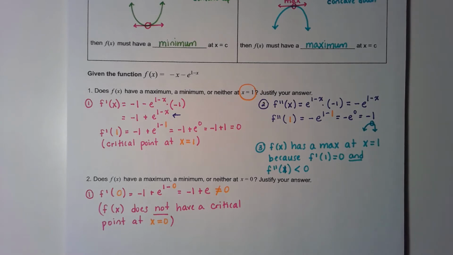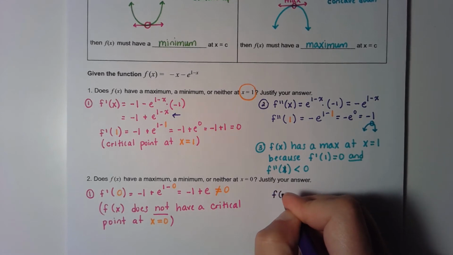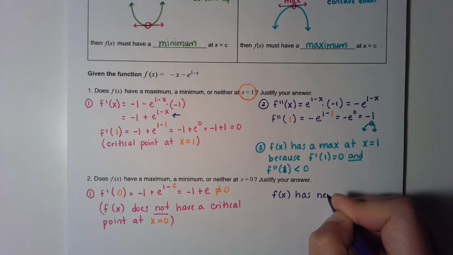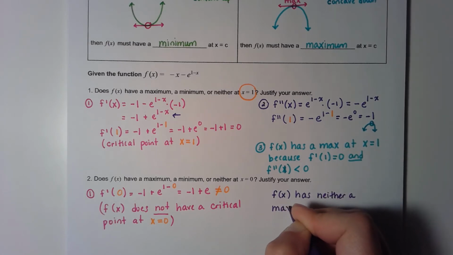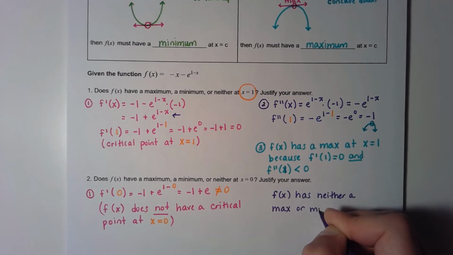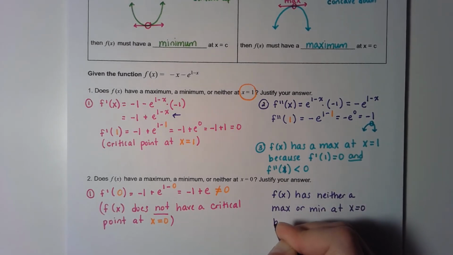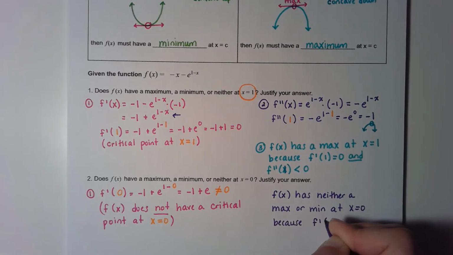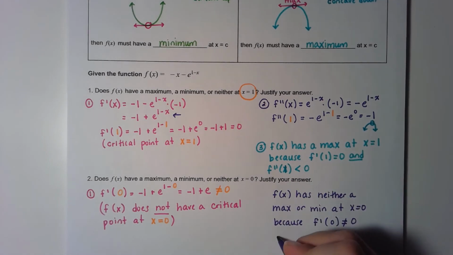So my final answer here is that f of x has neither a max or min at x equals 0 because f prime of 0 is not equal to 0 and is also not undefined.